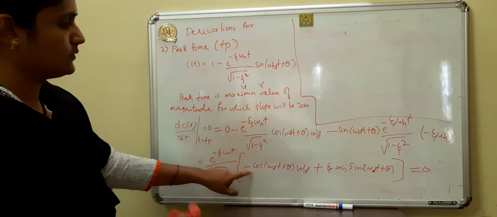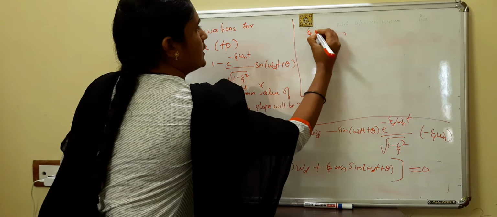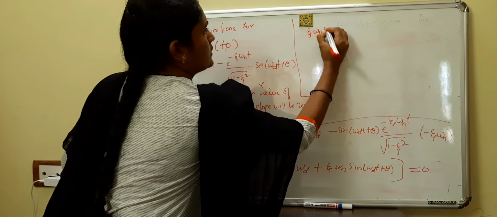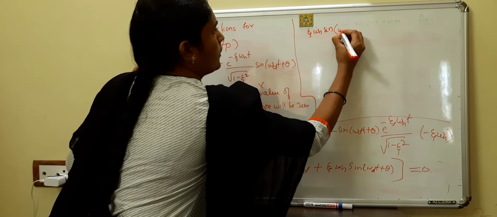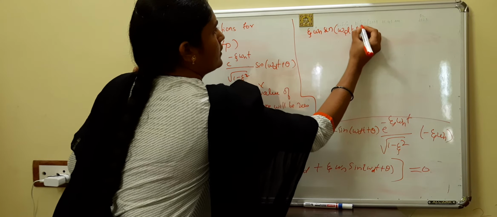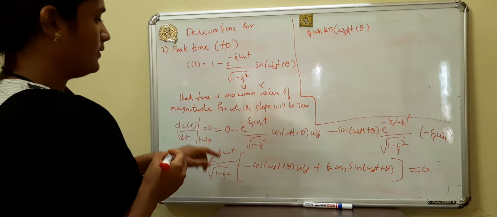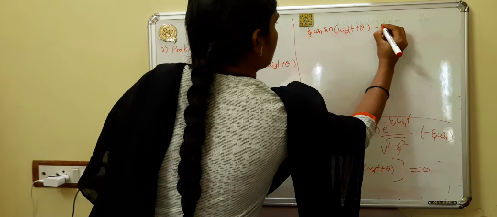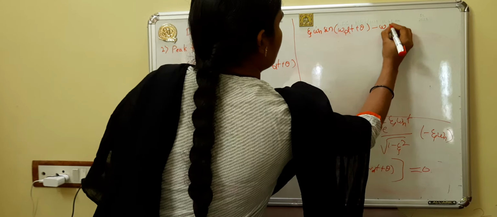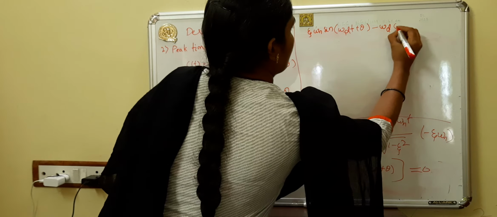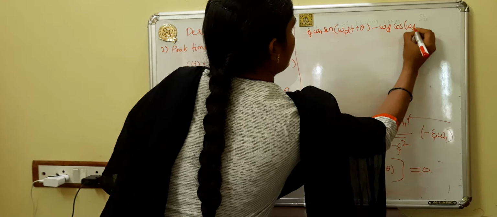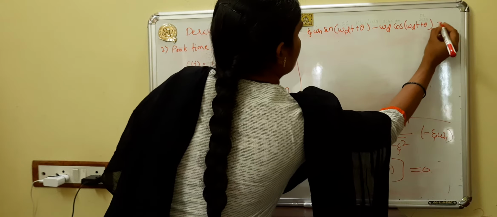Now we will see this one, that is zeta omega n sin of omega d t plus theta minus omega d cos of omega d t plus theta, that is equal to 0.